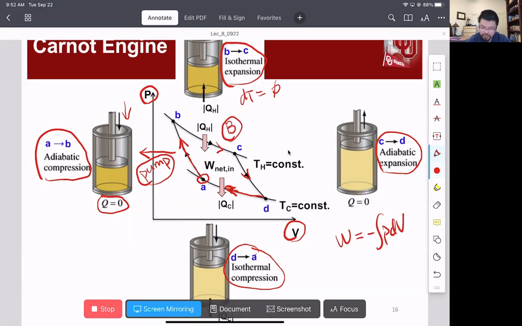You can see that we are going to drive the liquid into vapor, having the phase transformation until we receive the final state of C. So from C to D, that's another adiabatic process. Here, the only difference is now we are going to have the expansion. That is the turbine.